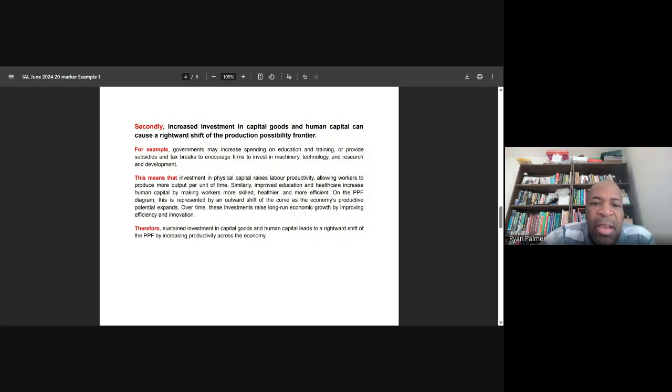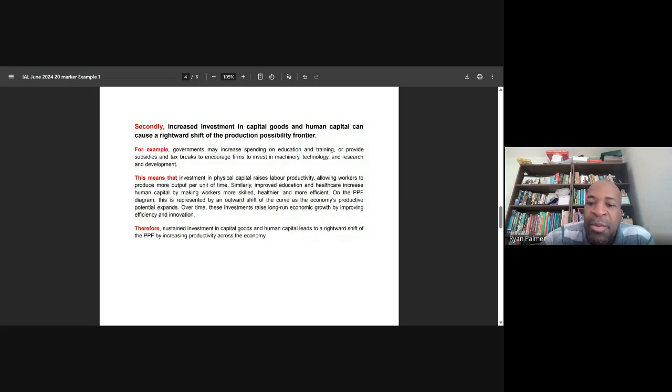So this means that investment in physical capital raises labor productivity, allowing workers to produce more output per unit of time. Similarly, improved education and healthcare increases human capital by making workers more skilled, healthier, and more efficient.